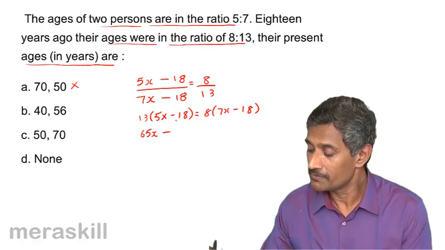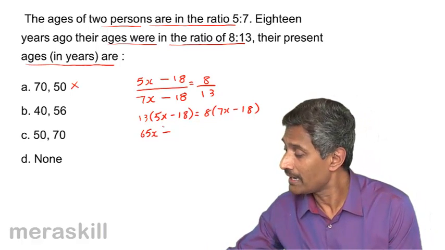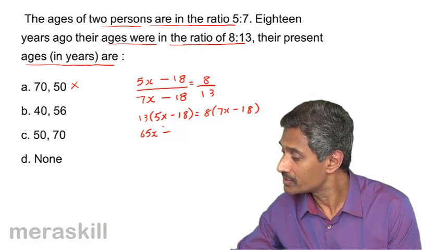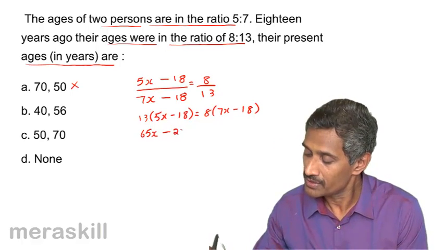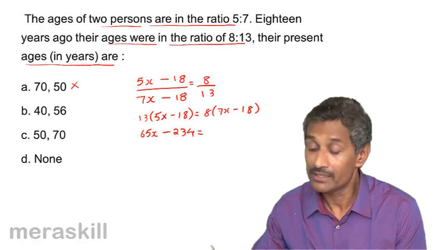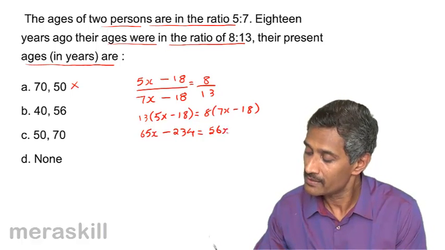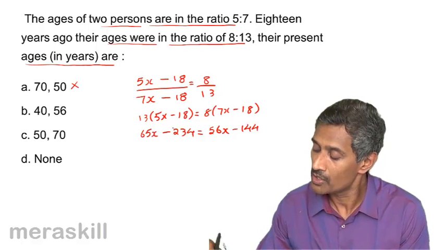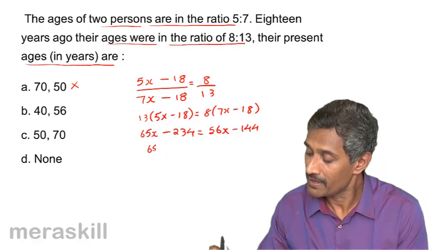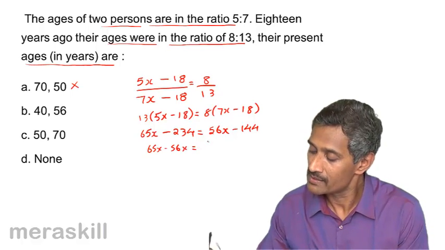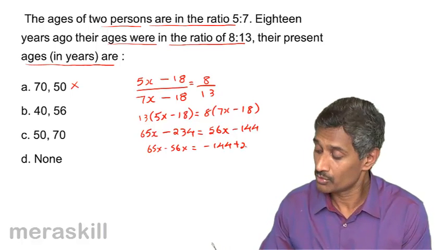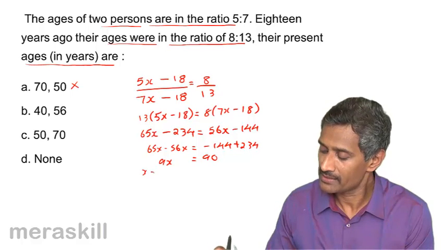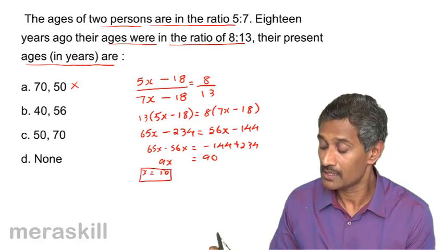So we have 13 into 5x, which is 65x, and 13 into 18, which turns out to be 234, and here you have 8 into 7x, which is 56x, and 8 into 18, which is 144. Here you have 65x minus 56x is minus 144 plus 234. This turns out to be 90, and this is 9x, so x turns out to be 10.